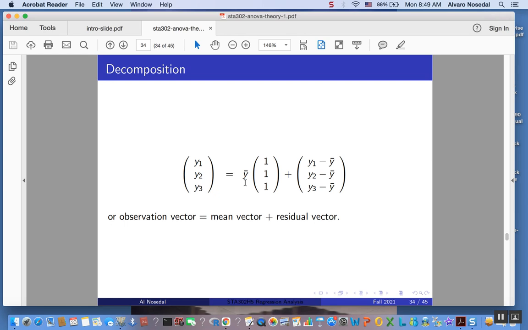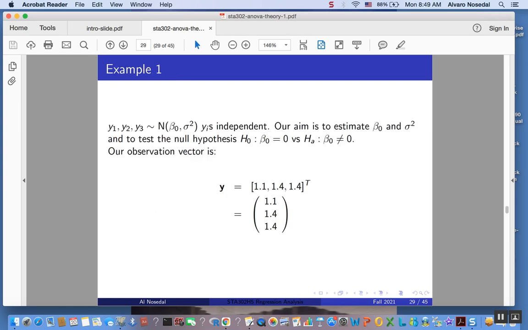Now let me relate this new problem to an old problem that you have solved before. Let's go back to the statement of the problem.